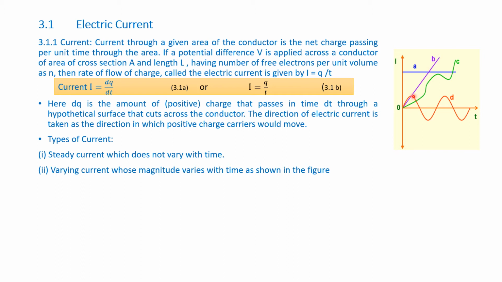Here it is a sinusoidal wave or sine wave, which is varying systematically according to the equation sine omega t, and this is varying randomly with time. So these three are varying currents whose magnitude varies with time as shown in the figure. The SI unit of current is ampere. 1 ampere is equal to 1 coulomb per second.